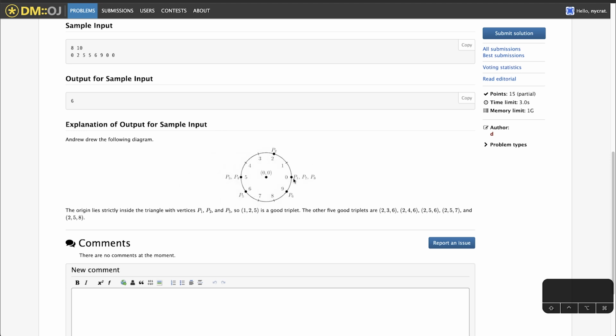Because if it's half the circumference, like 0 and 5, circumference here is 10, the difference, obviously 5, it's going to be half. Right? And then the third point can be any of the points that is here.